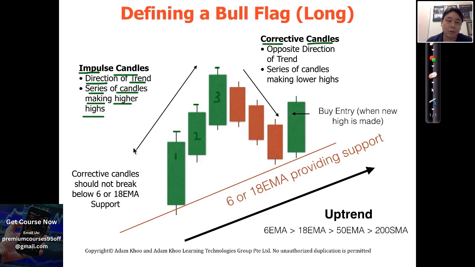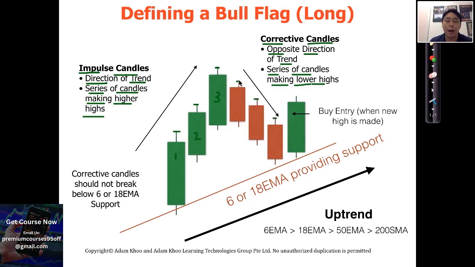So after the series of impulsive candles, we're then looking for the corrective candles. The corrective candles are candles that are moving in the opposite direction of the trend. In this case, the trend is going up and the corrective candles are coming down. So it's making lower highs. You can see a series of candles making lower highs: this high, this high, this high.